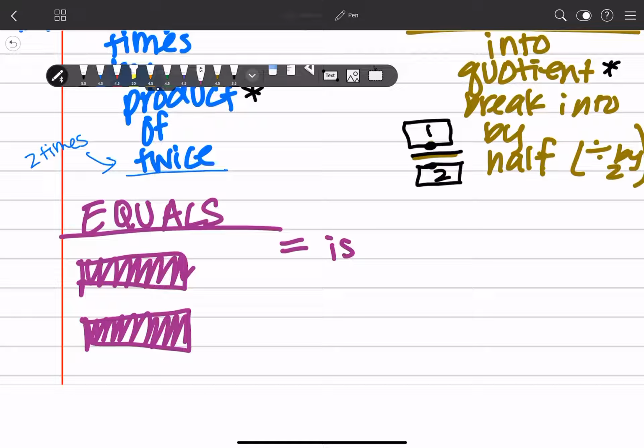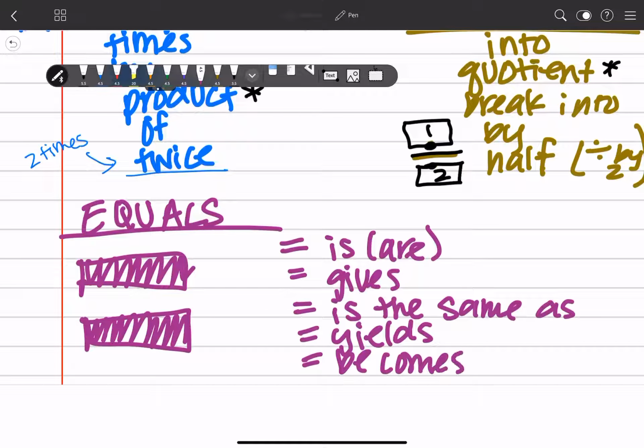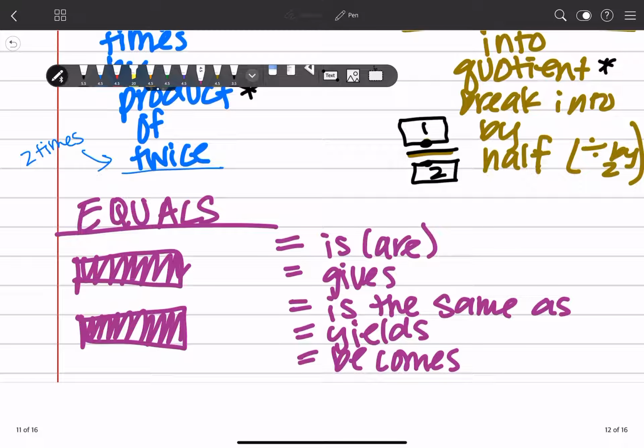So is or are, gives, is the same as, yields, becomes, and I have one more, which is results. So I'm just going to write it in here.